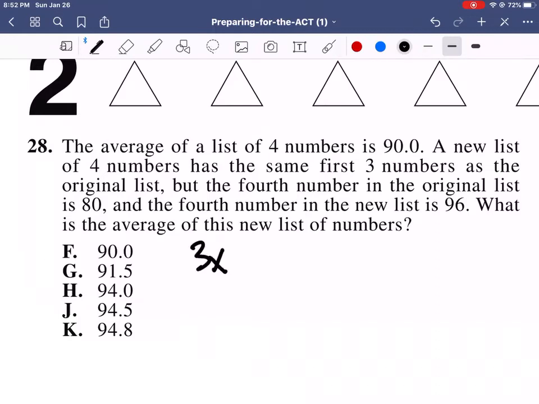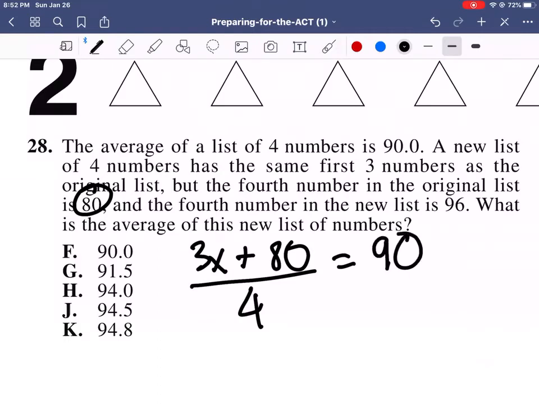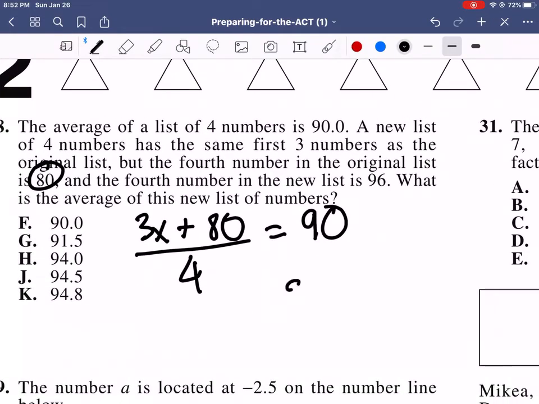Remember how I said the sum of all the things over the number of individual things you have is your mean, the average. So 3x plus 80 over 4, because you have 3x and then another number which makes 4, and that equals 90. What you do is the 3-step equation.